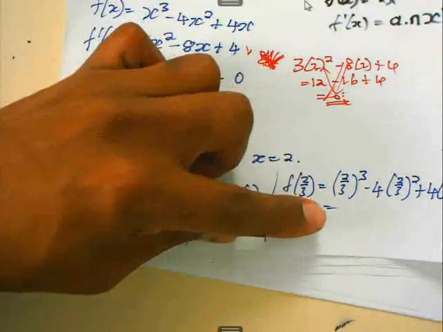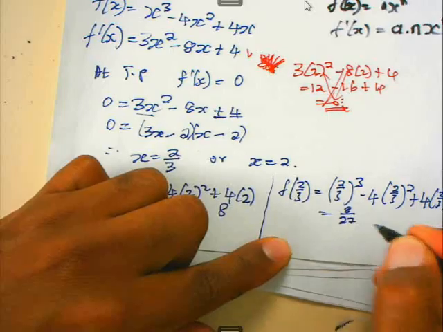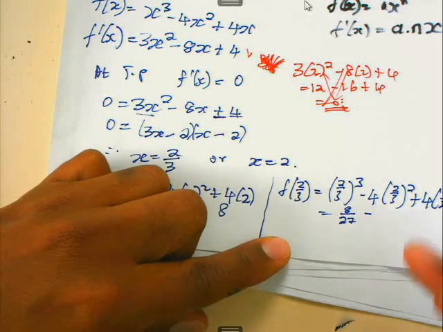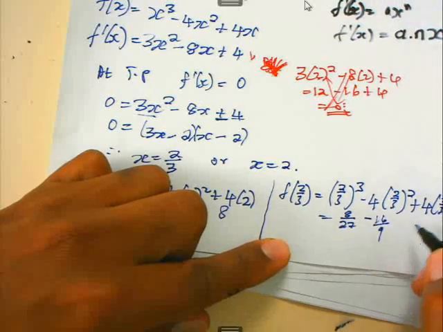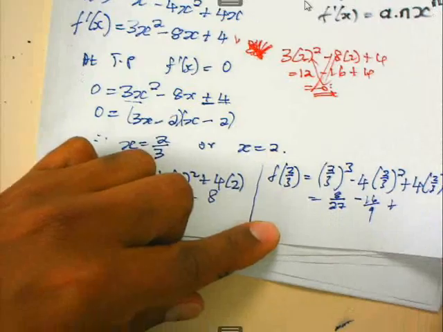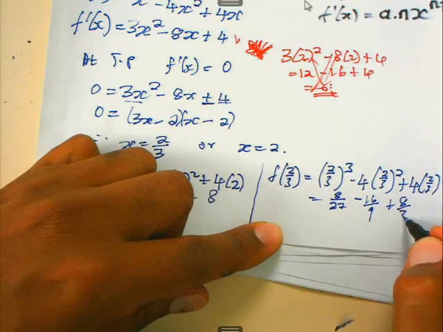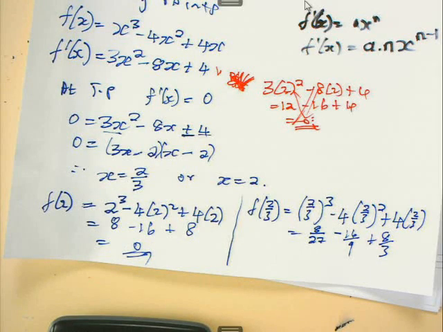That will be 8 divided by 27 minus, this is going to be 4 times 4, minus 16 divided by 9. And this is going to be plus 8 divided by 3. We can quickly also work it out on the calculator to see what we are going to get there.